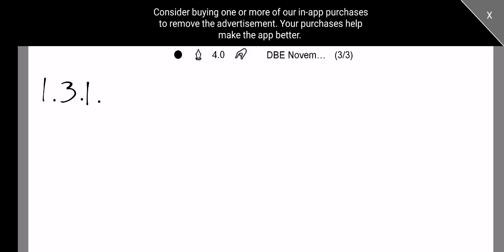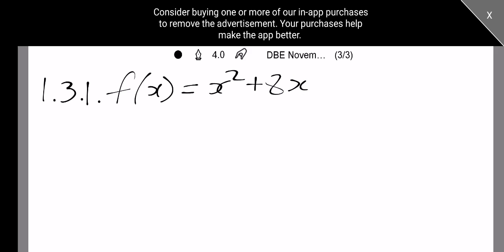1.3.1. Now we've got f of x equals x squared plus 8x plus 16.